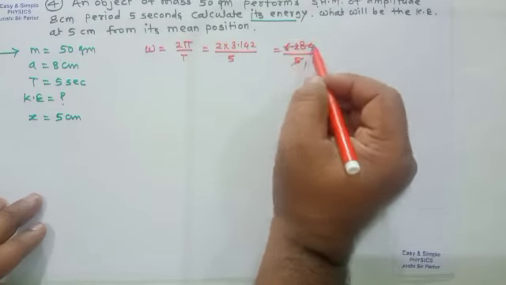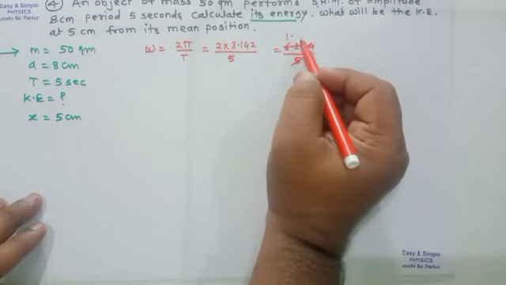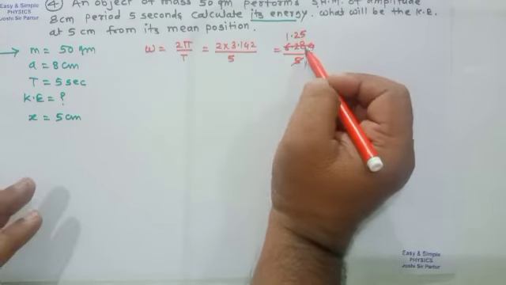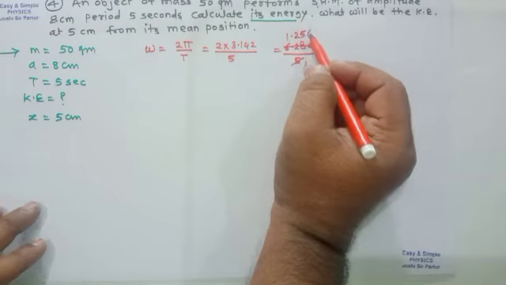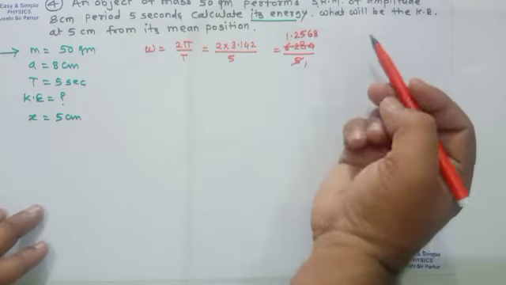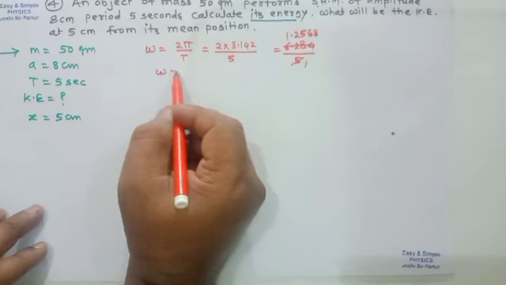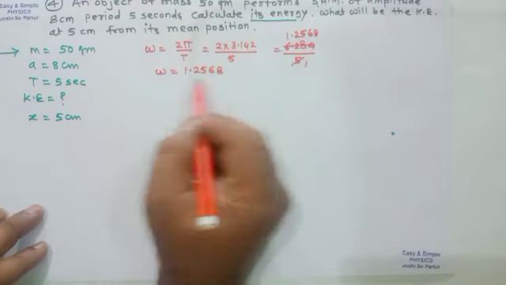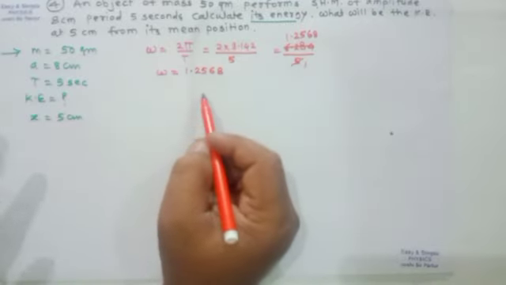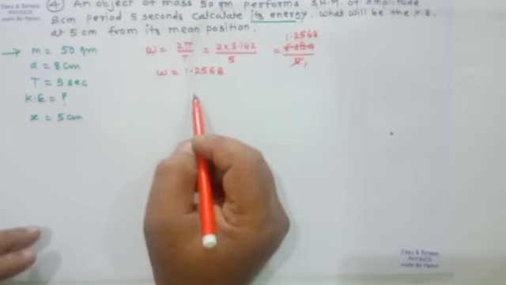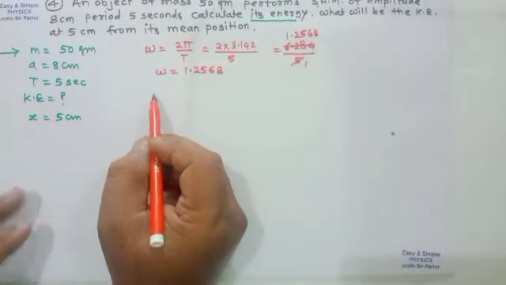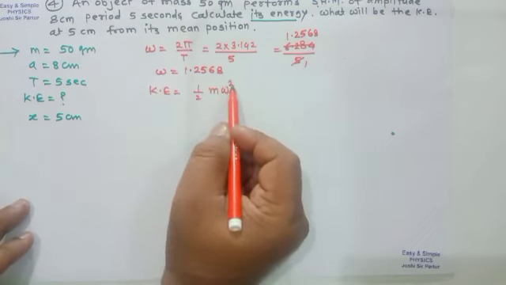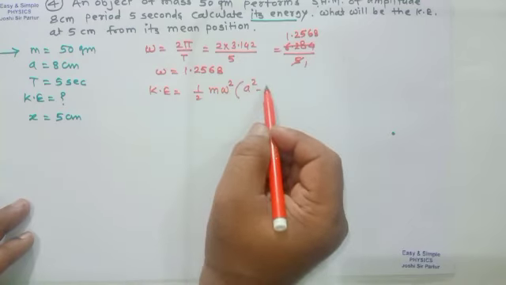Dividing, omega will be 1.2568. But here we can find out m omega square. So, we can find out kinetic energy. So kinetic energy is equal to half m omega square in bracket a square minus x square.